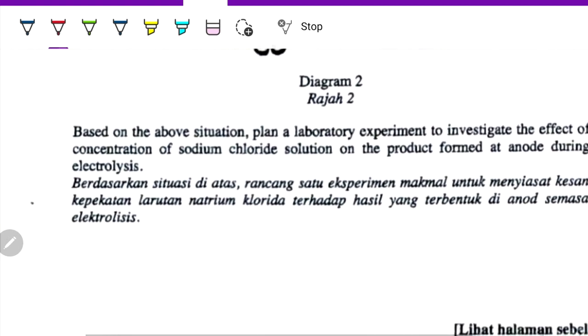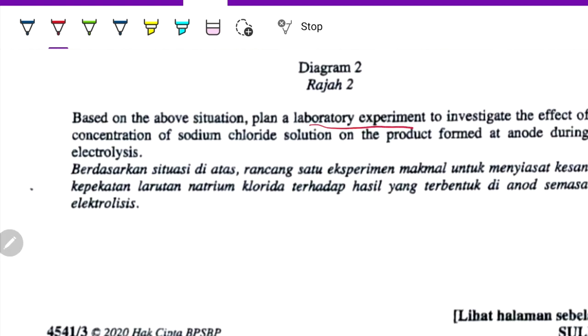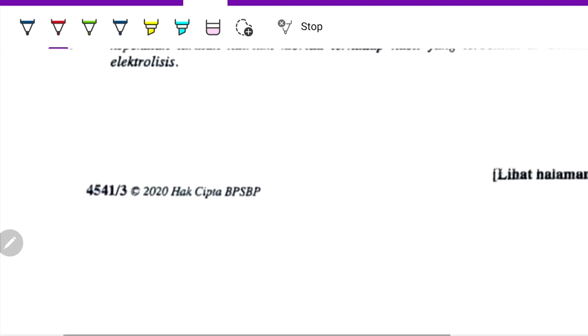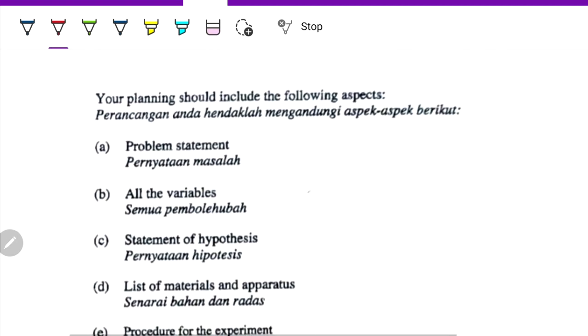Based on the above situation, plan a laboratory experiment to investigate the effect of concentration of sodium chloride solution on the product formed at the anode during the electrolysis. Your planning should include the following aspects.